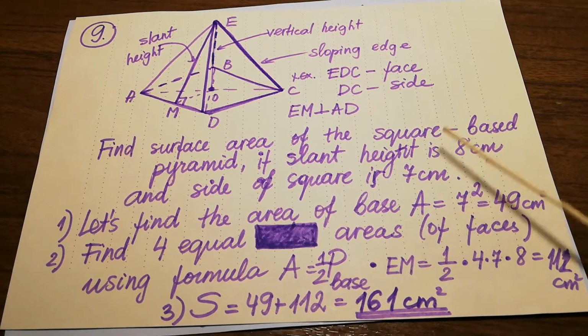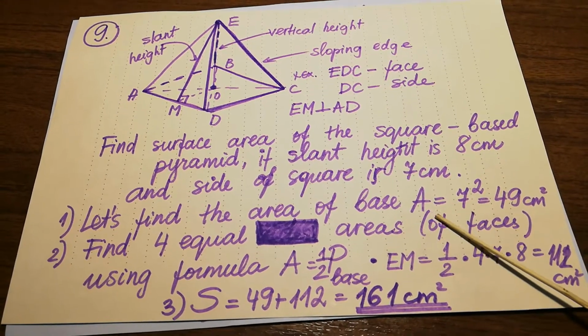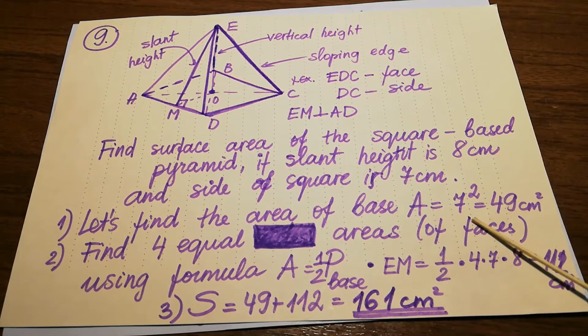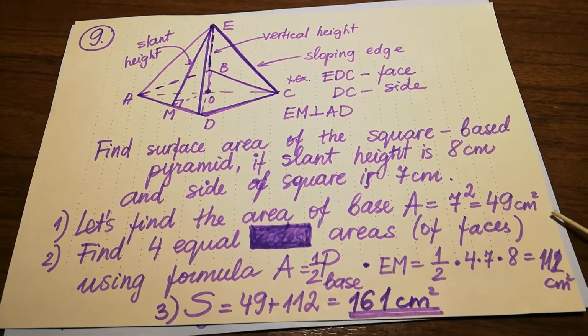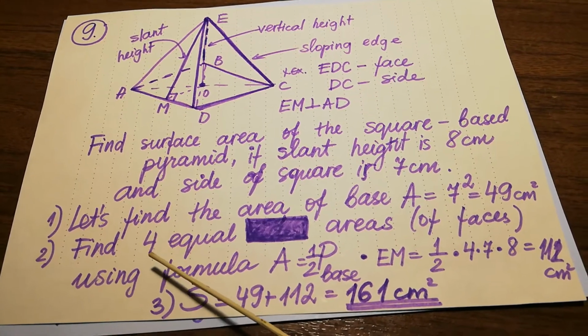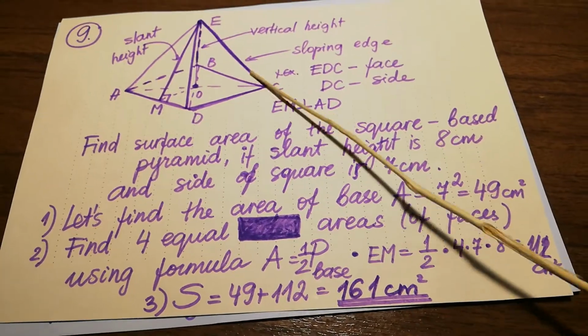The base is a square, so we can find the area of the square. It is 7 squared, so 49 square centimeters. And then we have to find the 4 equal areas of the faces.